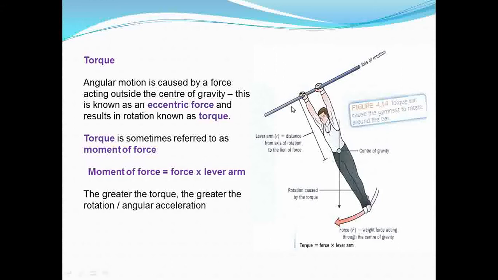So the lever arm is the distance from the axis, which in this case is the bar, to the center of gravity or center of mass of that object, which at this point is this little circle here on this person. So that would give us a measure of the amount of torque that is occurring in this person spinning around the bar.